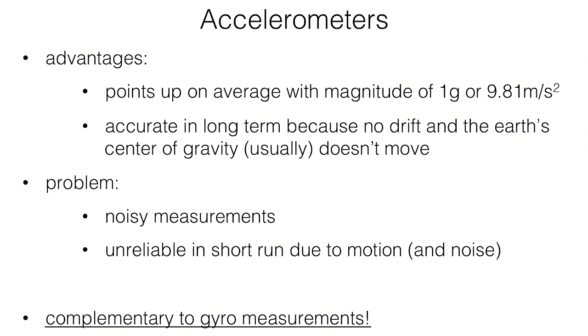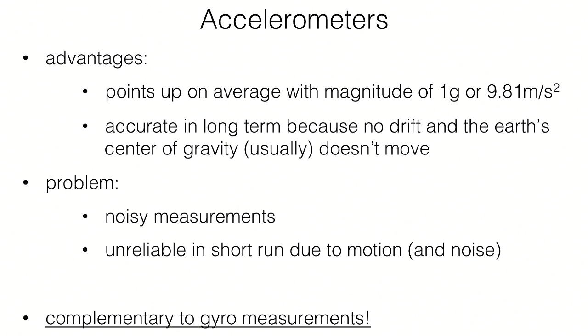The advantage of accelerometers is that, again, on average, they point up. Even though there may be noise in every single measurement that you take, over time, it will still point up, because gravity is going to be our absolute reference frame that's not going to change, at least not over the lifetime of the application that we're going to be running. So the individual measurements are going to be noisy, but on average, it's going to point up.